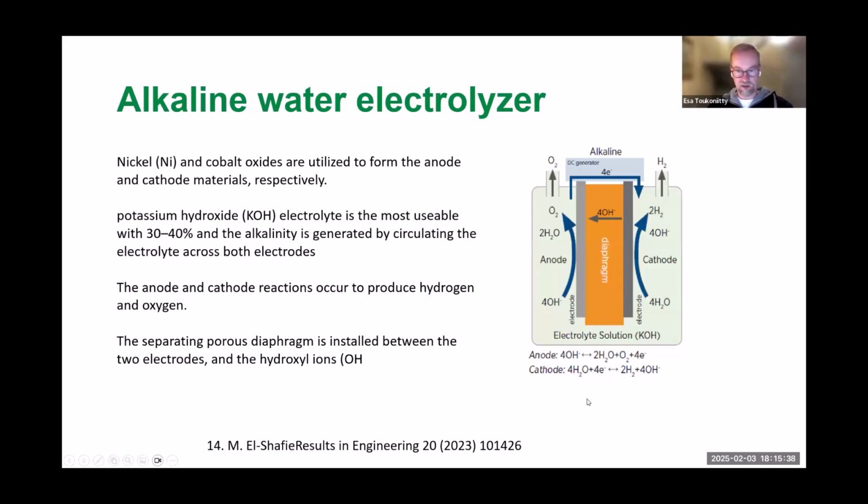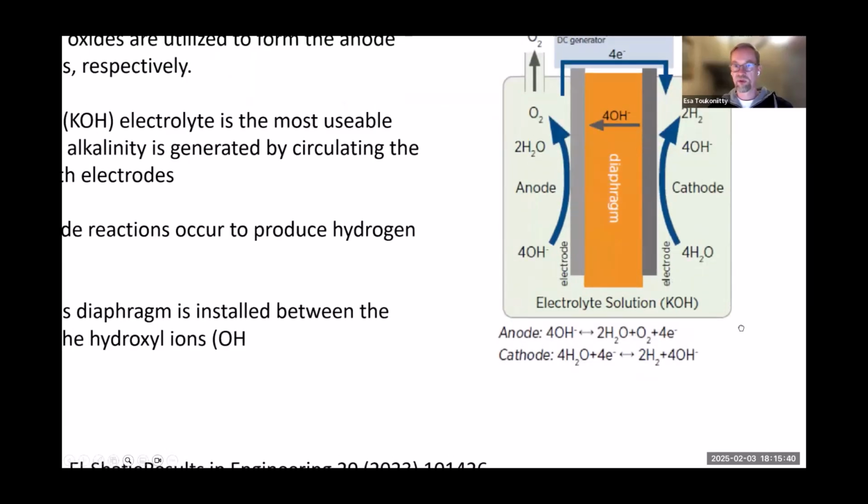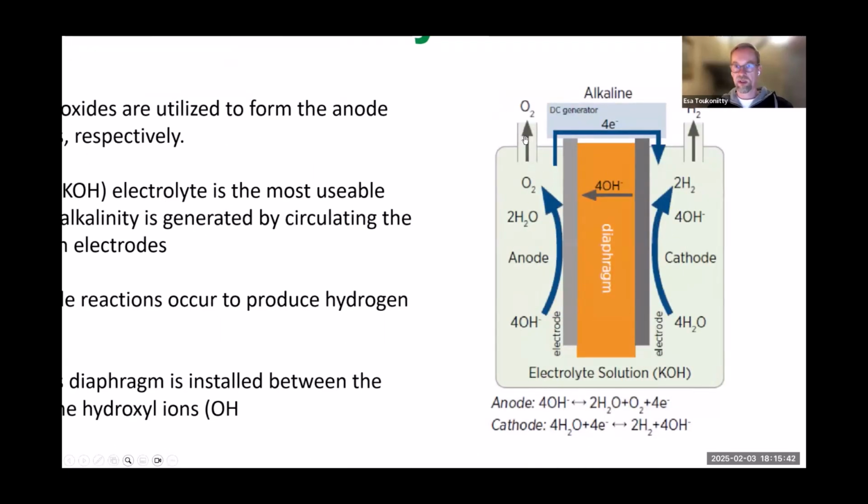Here you will see the electrolyzer cell. It's a very schematic drawing that just illustrates the key elements. Here are two electrodes, like in all electrochemical cells. So you have anode and cathode, and different things happen on both.